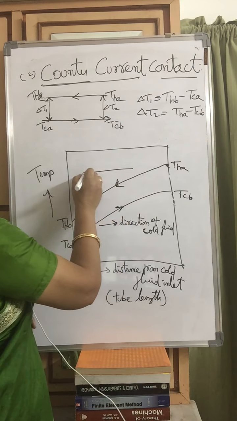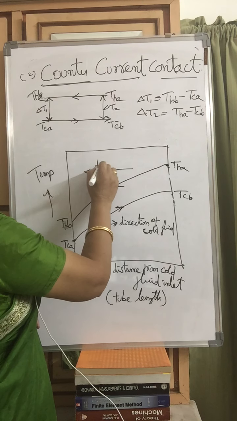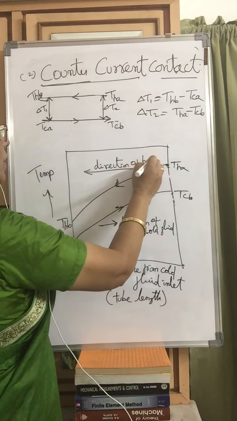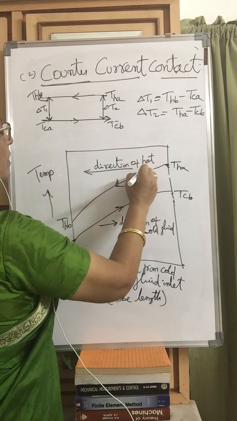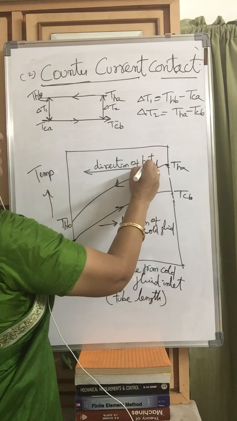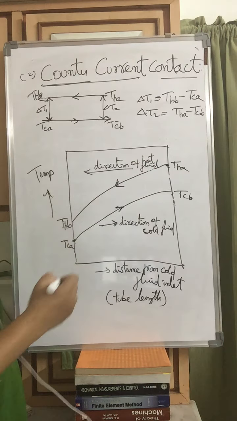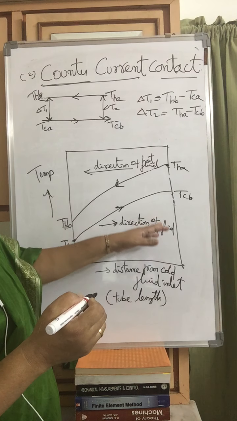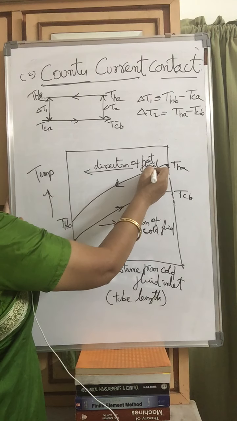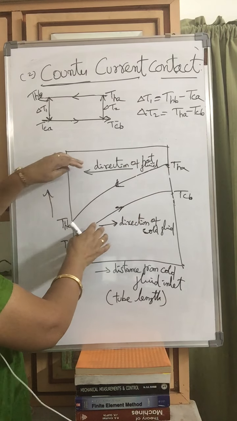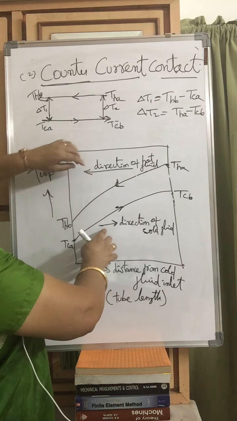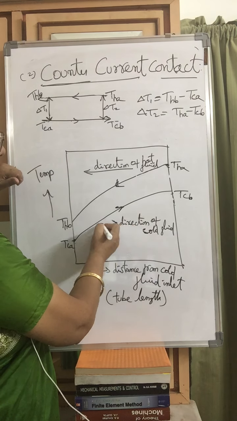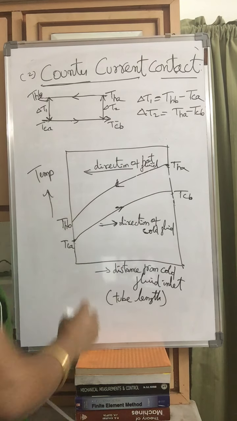This is the direction of hot fluid. This is the direction of cold fluid. This is the direction of hot fluid. Now you understand that they are in opposite directions. This arrow mark is this way and this arrow mark is this way.